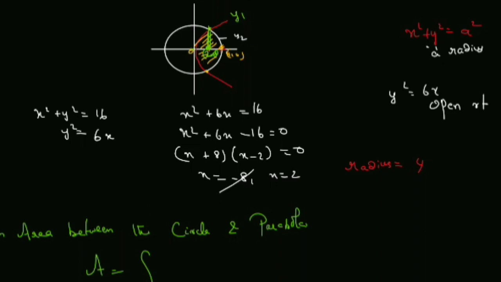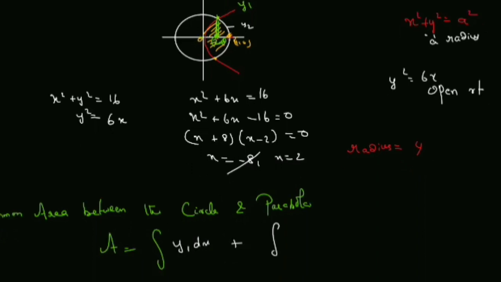So first one is y1, the boundary is the parabola, the red curve, plus integral. The limit is from 0 to 2. This point is 2. Because we have just found the intersection, circle and the parabola are intersecting at 2. The y coordinate we don't want, we are not using the y limit, so you need not find it.